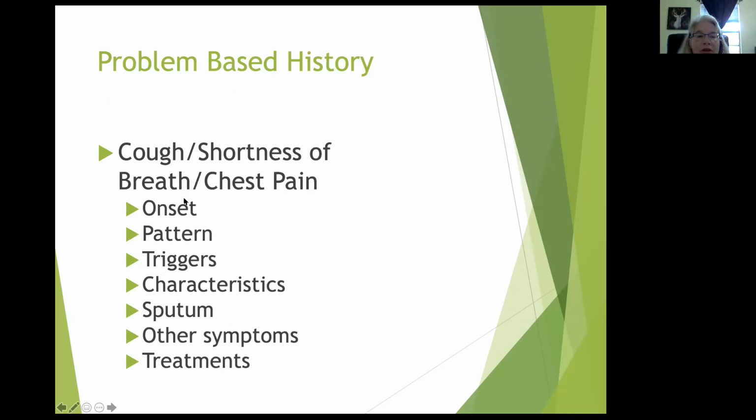With the cough and shortness of breath, the one thing I didn't talk about on the previous slide is sputum. We want to know what their sputum looks like, because the colors are going to tell us something.